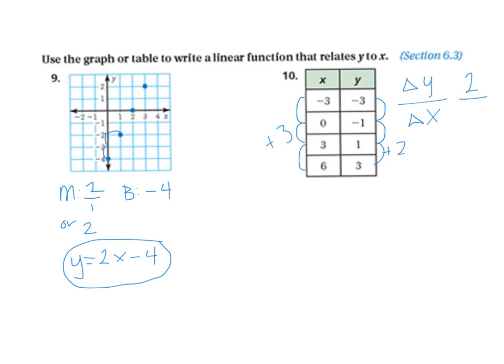So my change in x is going to be positive 3. So I know now that my slope is 2/3. And all I have to find is my y-intercept. And remember, the y-intercept is when your x equals 0, it's going to be the other number. So when x is 0, my y-intercept is negative 1. To put this into the equation, y equals 2/3 x minus 1.